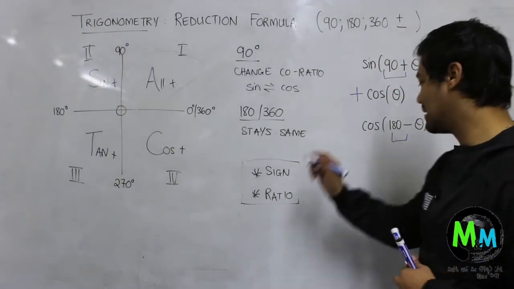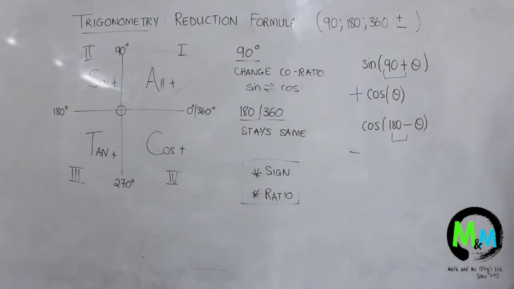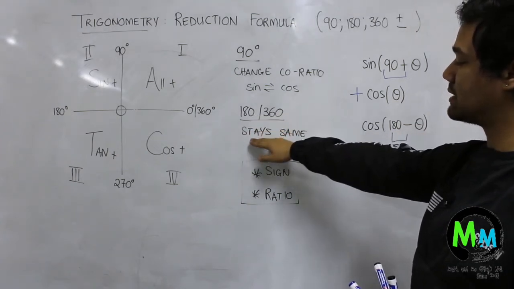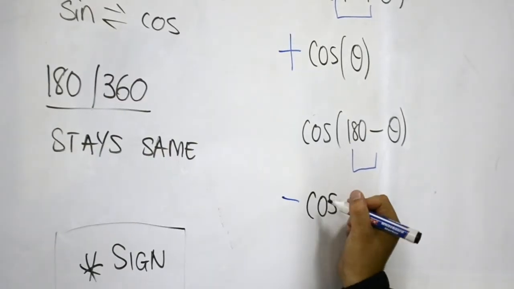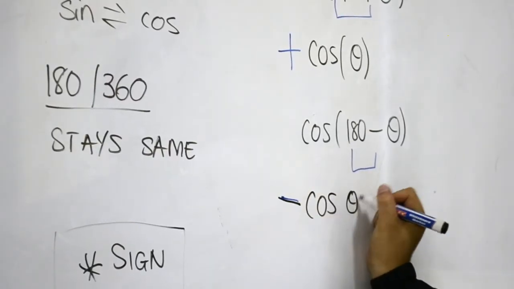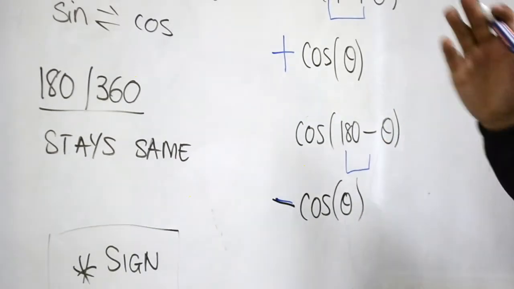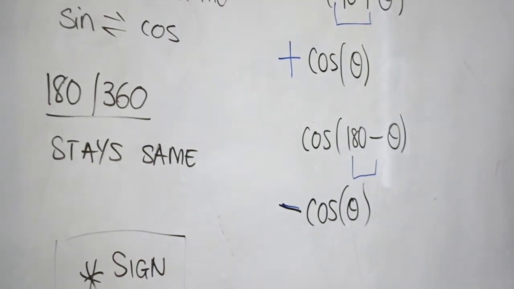I know my cos is negative in that quadrant because only sine is positive in the second quadrant. Then I look at my ratio, 180. Does my ratio change or stay the same? 180, it stays the same. So my answer then is negative cos theta. You see how my negative doesn't come with it? It's just there to tell me which quadrant I'm in. That's how we'll solve reduction, or how we'll reduce angles.